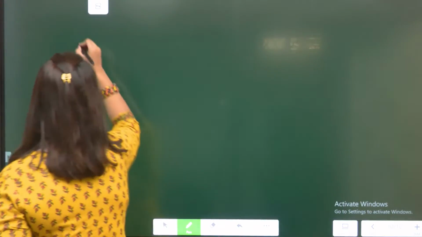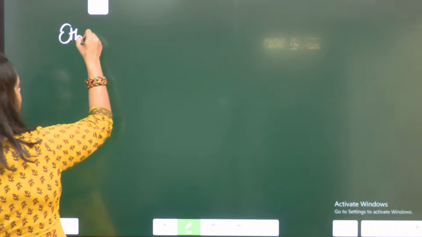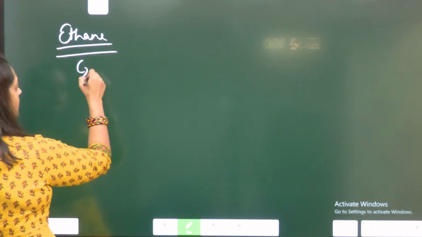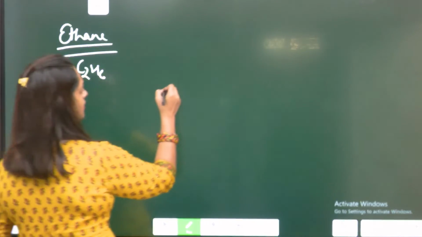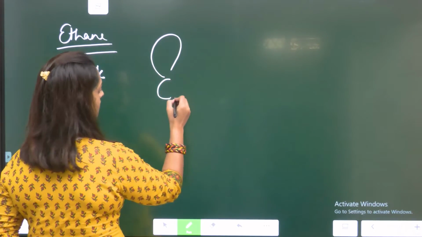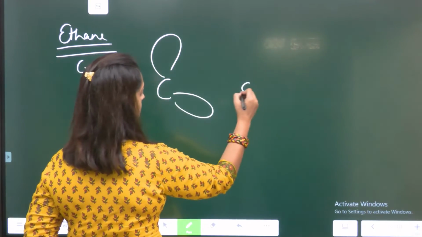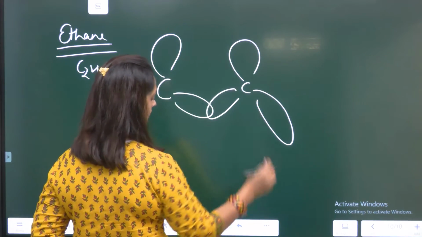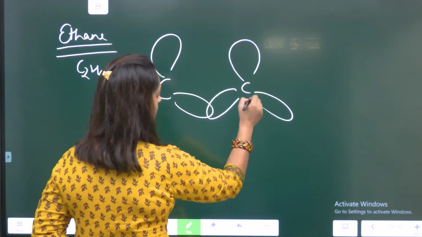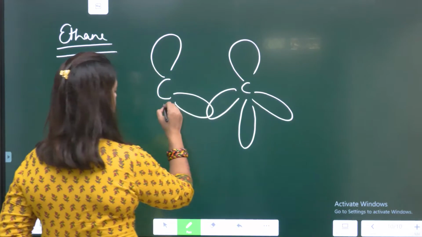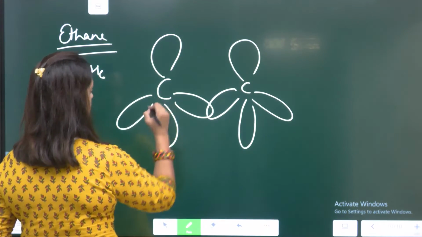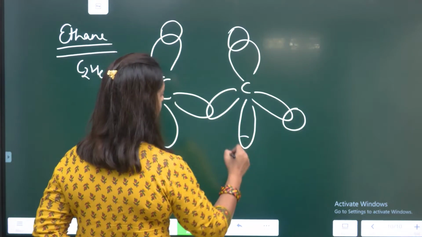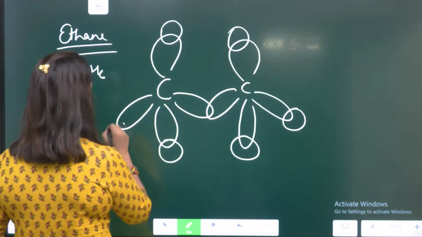Similarly, for the ethane molecule as well, I can have a similar kind of pictorial representation, that is C2H6. So the carbon will be like this, bonded to hydrogen, and one CC bond is formed.